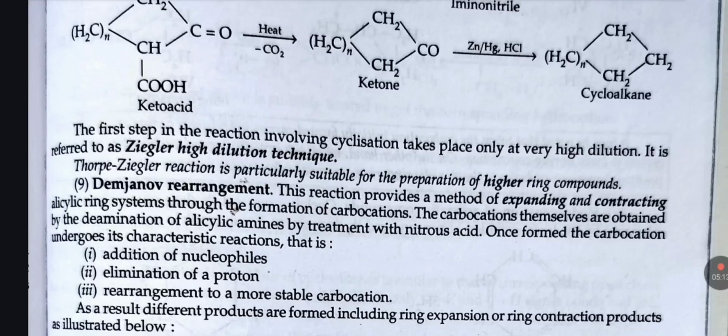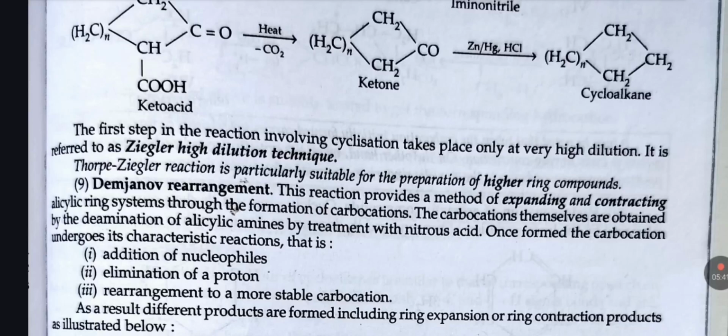9th, Demjanov rearrangement. The reaction provides a method of expanding and contracting alicyclic ring systems through the formation of carbocations. The carbocations themselves are obtained by the deamination of alicyclic amines by treating with nitrous acid.